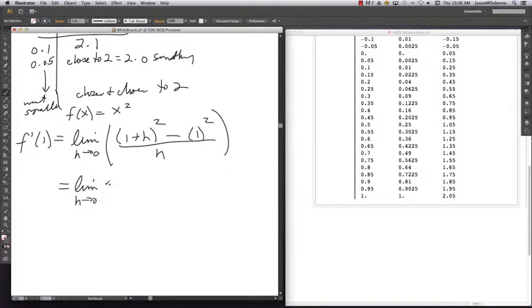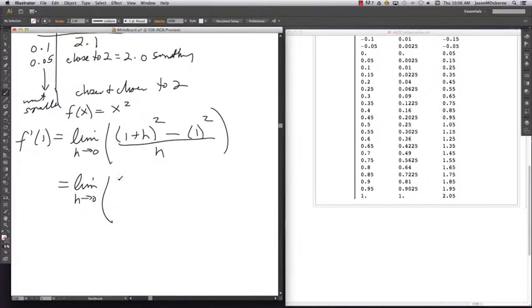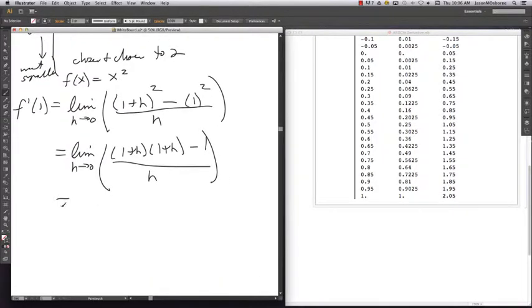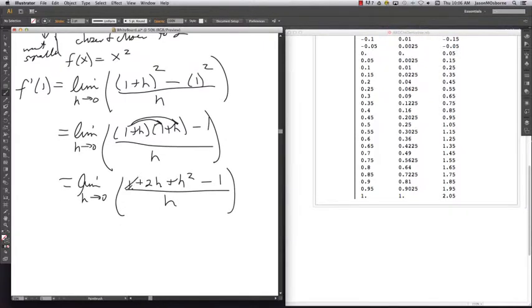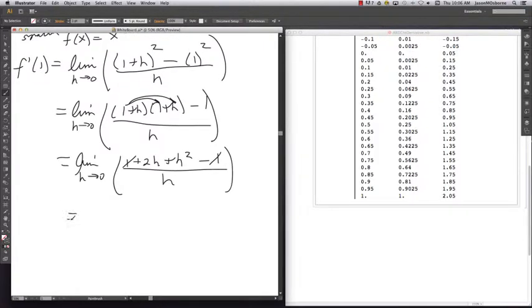This is a good mix of algebra skills. Expanding this out by doing whatever you guys call foiling, I call distributing: 1 times 1 is 1, plus 2h, plus h squared, minus 1, over h. The 1's cancel out. That will often happen.